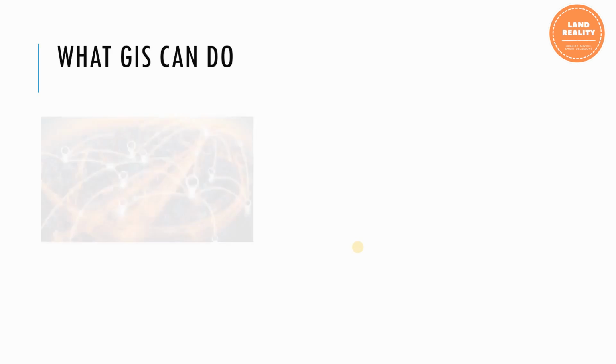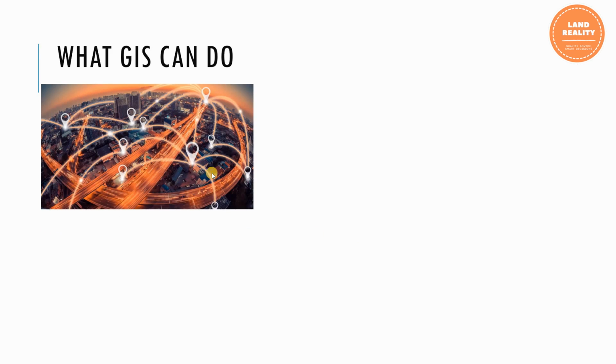So when we think of what a GIS can do, what can GIS do? It can certainly map locations, so that is the where it is. Mapping location, showing where a property object is.